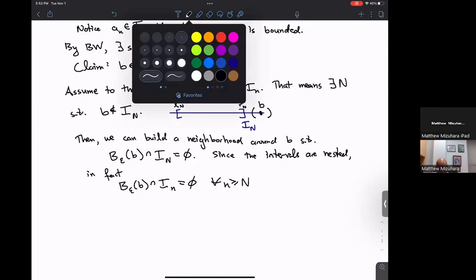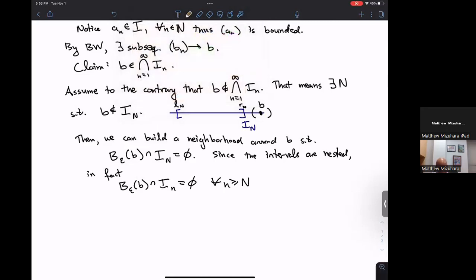And again, let me draw my little picture to convince us. I sub capital N is this interval, and now I sub N plus 1 is a subset of that, which certainly is still disjoint from the neighborhood around little b. And if I keep on doing this more and more, no matter where I am, if I'm anywhere after that capital N, the intervals are going to be disjoint from this neighborhood around b.